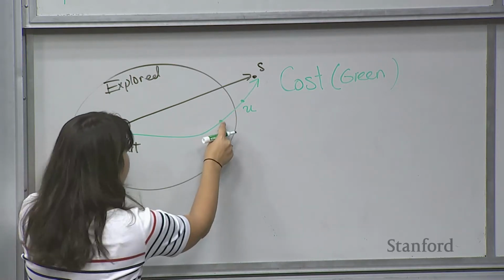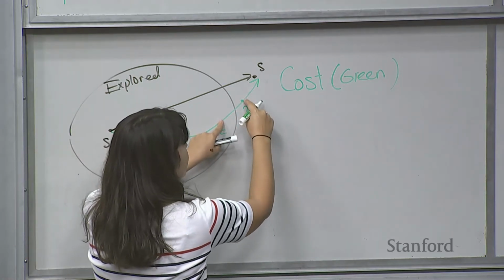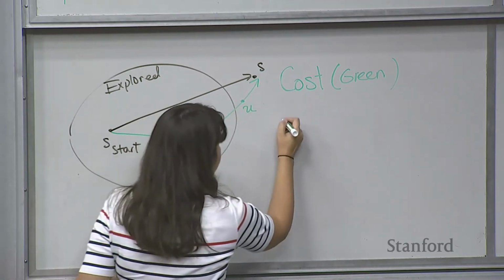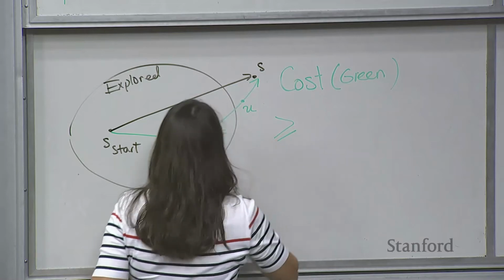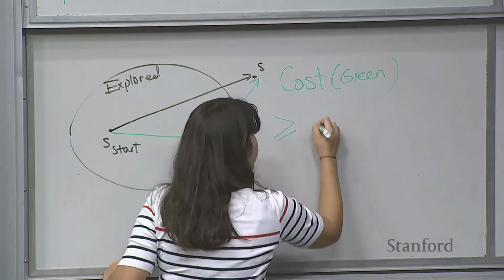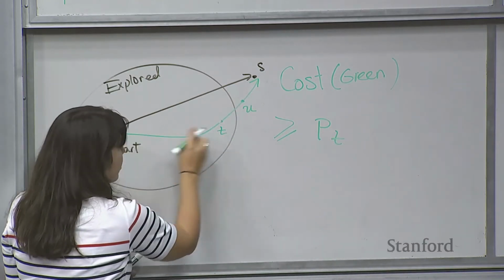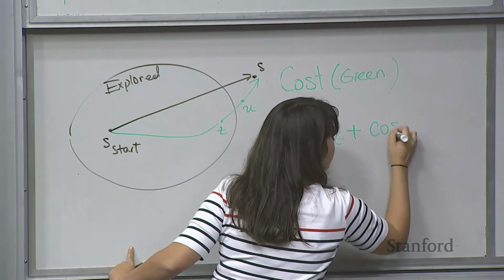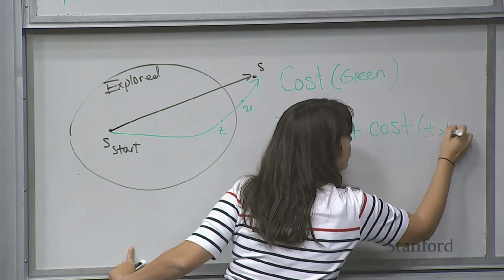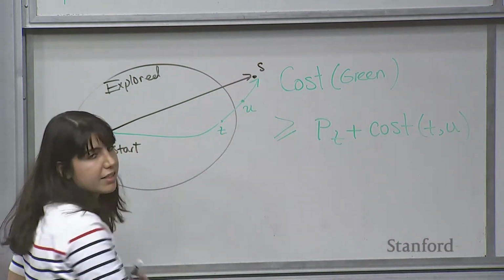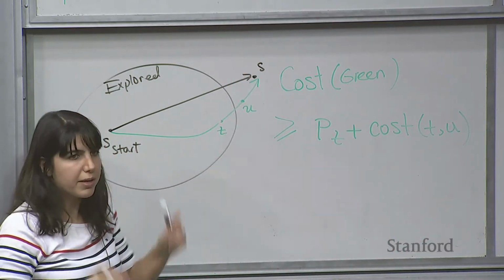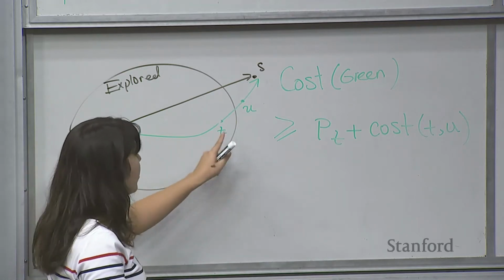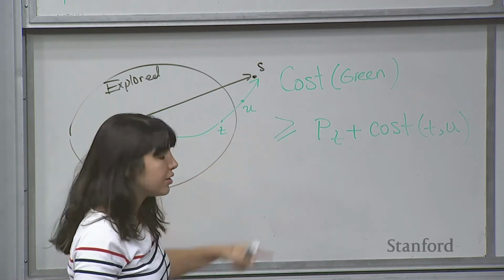It's going to be the cost to here, and then the cost of T to U, and the cost of U to S. This cost is greater than or equal to the priority of T, because that is the cost of getting to T, plus the cost of T to U. I'm just dropping the last part, the U to S. So the cost of green is at least equal to the priority of T plus the cost of T to U.